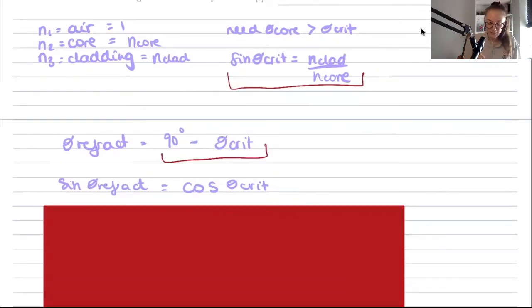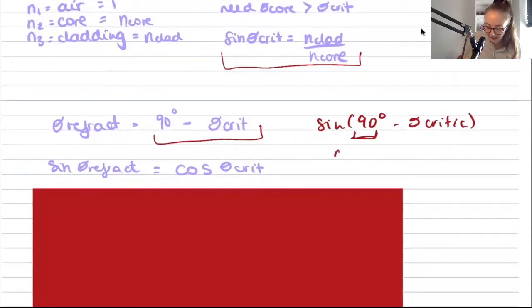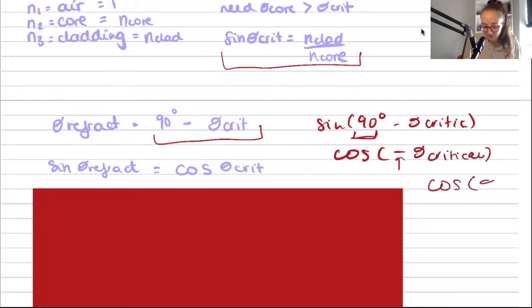And that's because if we imagine what's happening here, if we take the sine of 90 minus theta critical, we've shifted this 90 degrees to the left, and that is the same as saying that it is cos of minus theta critical. But we also know that cos is an even function, so whether this is plus or minus, we'll still get the same thing. So we can say that that's cos of the critical angle.